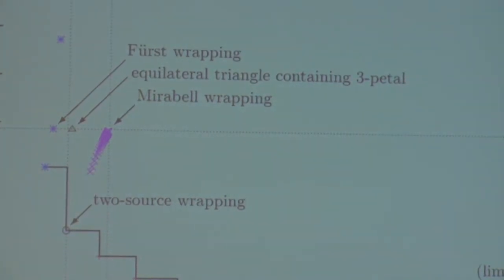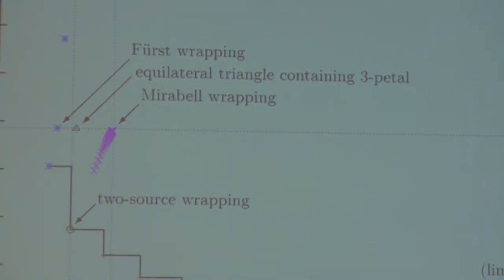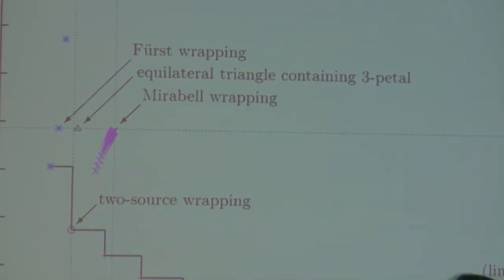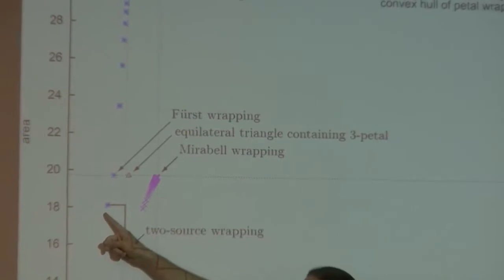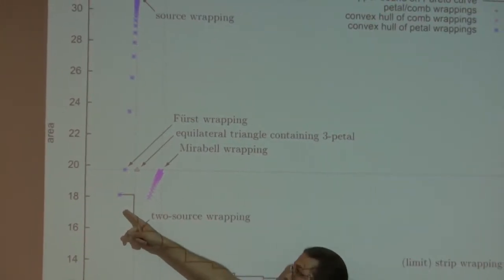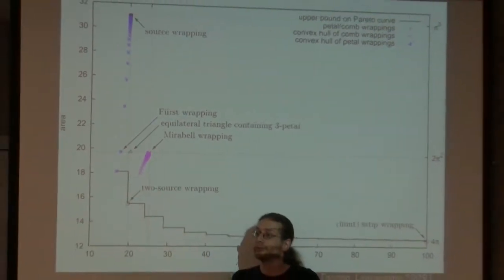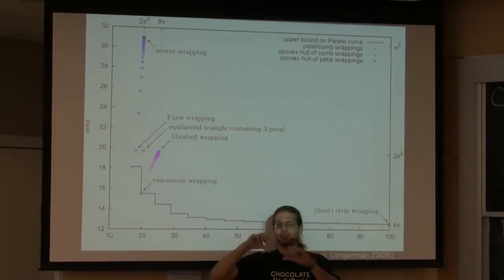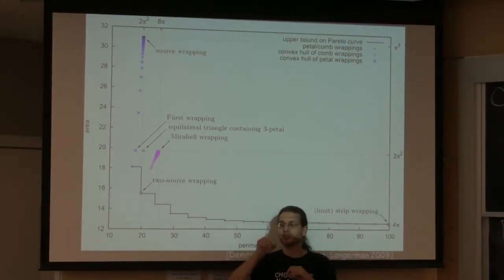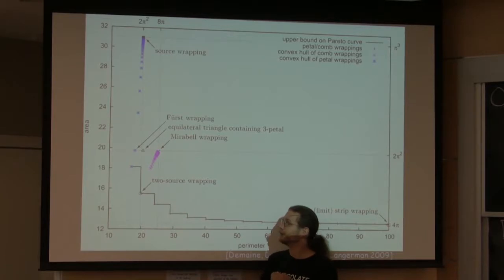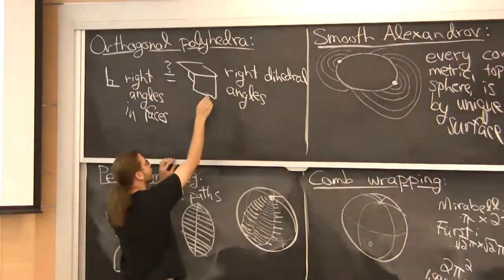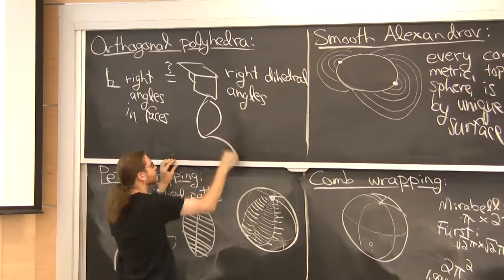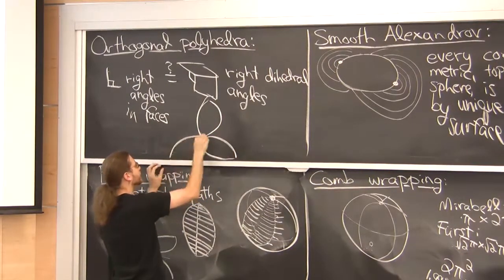The stars are convex hull of petal wrappings. Okay, because the square was the convex hull of a 4-petal wrapping. This is the convex hull of the 3-petal wrapping. Now that doesn't actually tile, but it has the smallest perimeter we know. So that's where you take the 3 petals, but instead of completing it to a triangle, you actually make the sharp turn around the petal. So we have 3 petals like this.